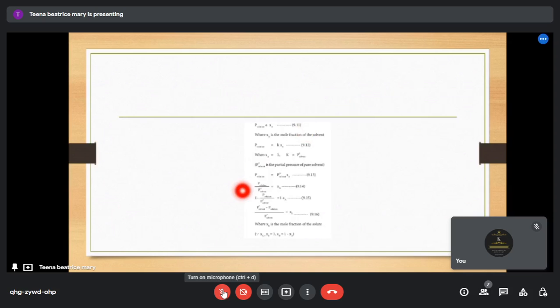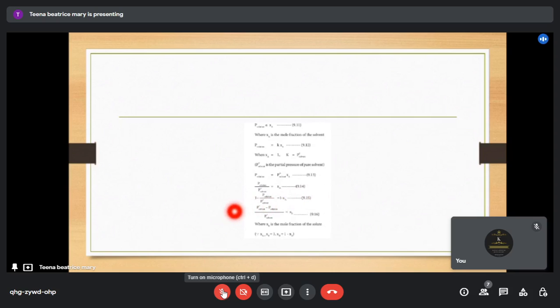If you want to find the value of XA, then XA is equal to P solution divided by P solvent. So 1 minus P solution divided by P naught solvent becomes 1 minus XA. With further substitution, P naught solvent minus P solution divided by P naught solvent is equal to XB.